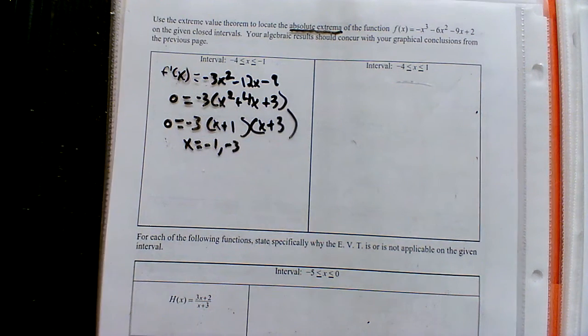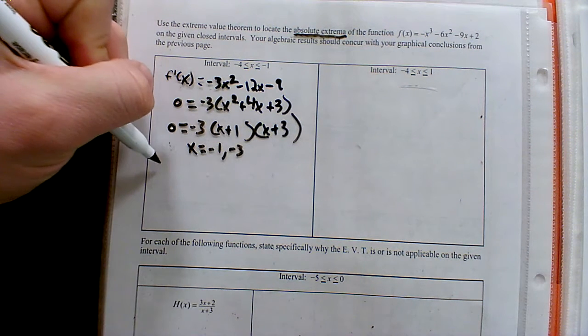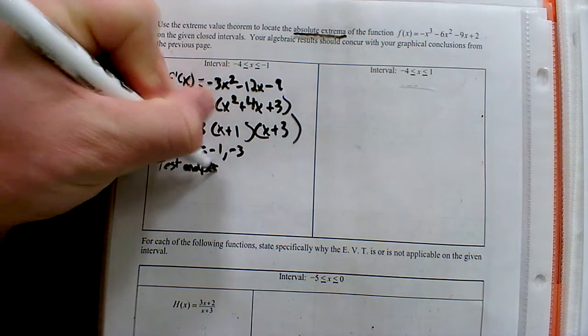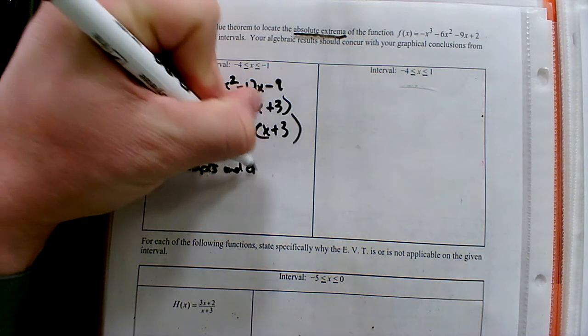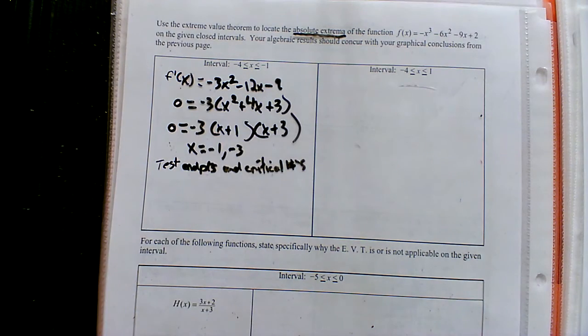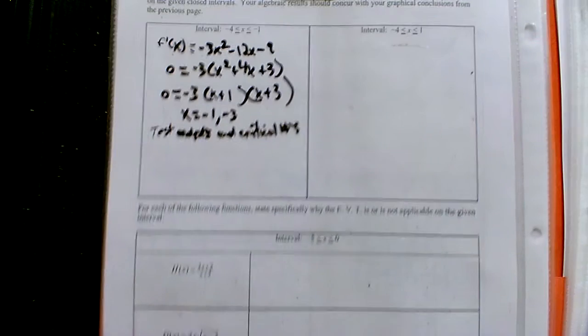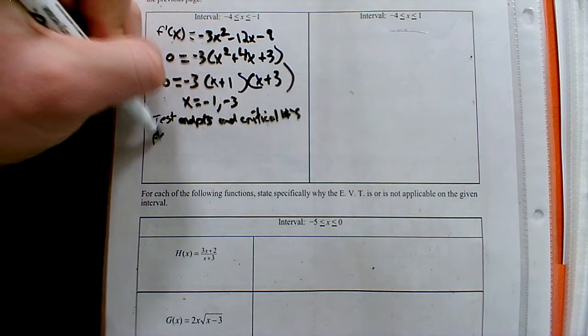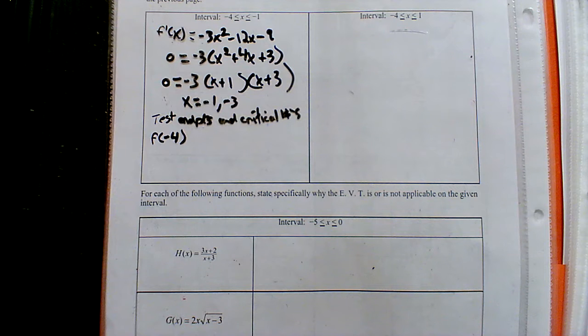So where we need to test for absolute extrema, we're going to test endpoints and critical numbers. That's what we're going to test. Endpoints and critical numbers. So we're going to test f of -4 because that's an endpoint.